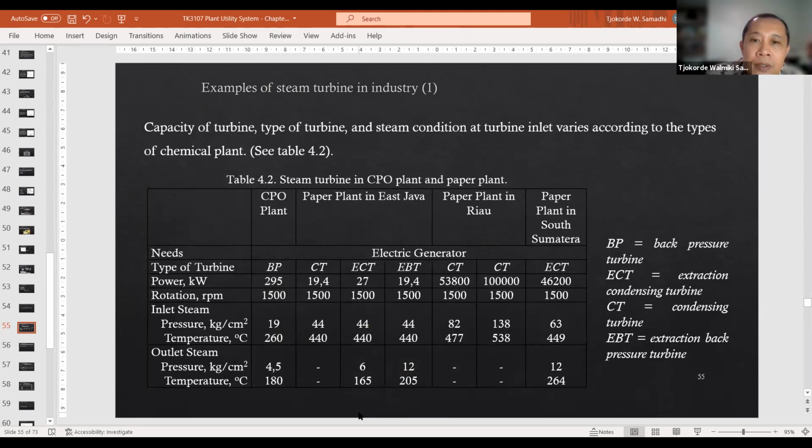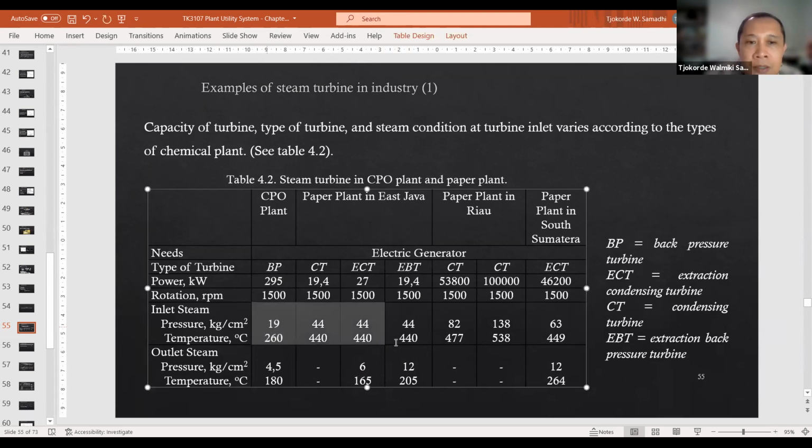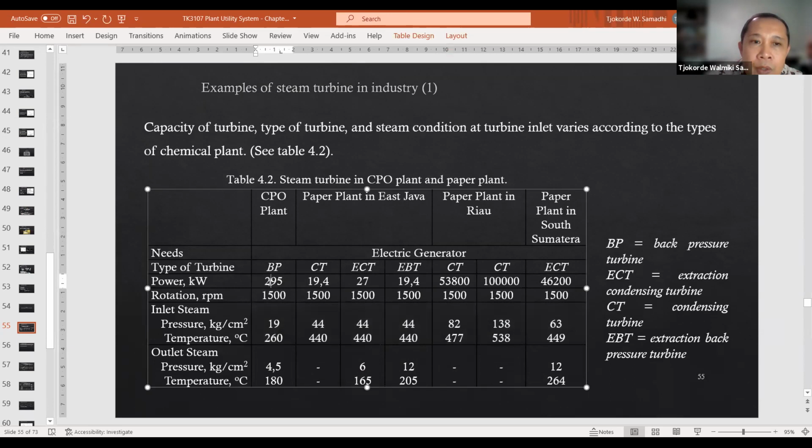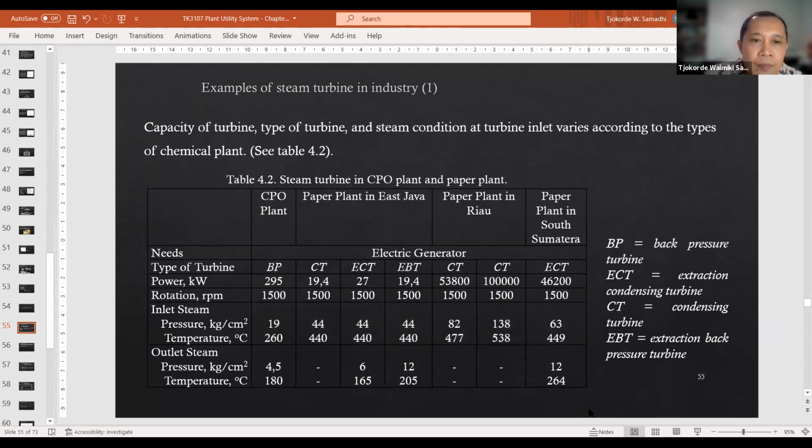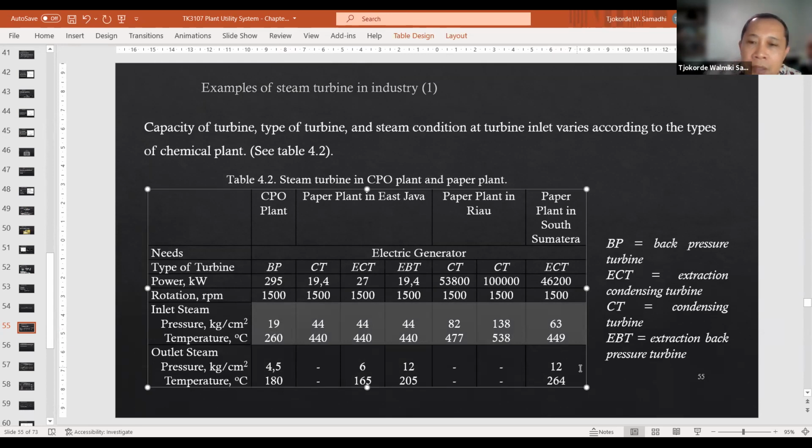One thing to keep in mind: the especially important numbers for you guys are these, the inlet steam conditions, and also the power. The inlet steam pressure and temperature will determine the boiler condition.